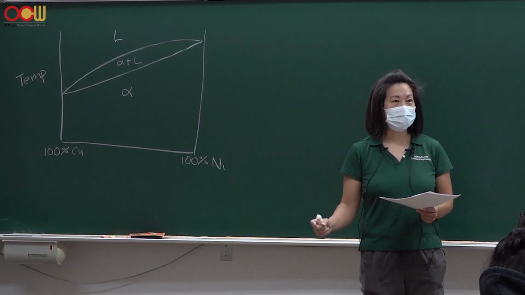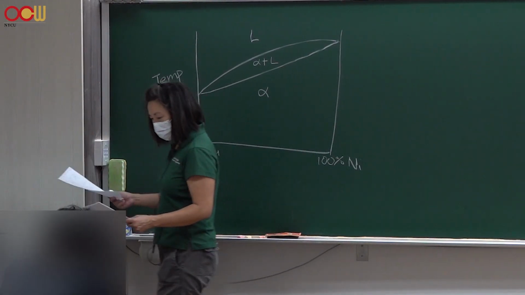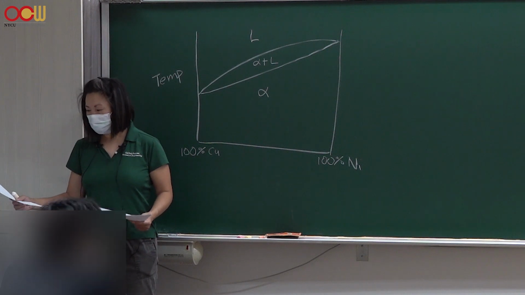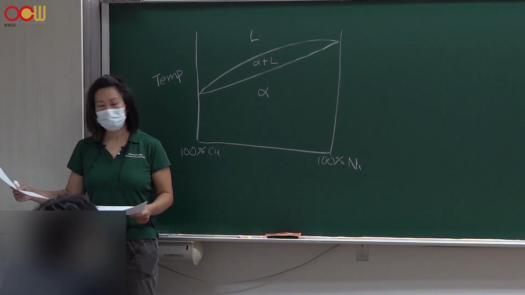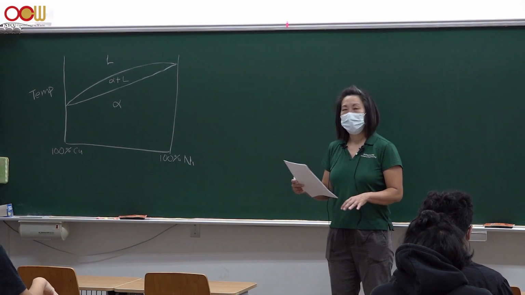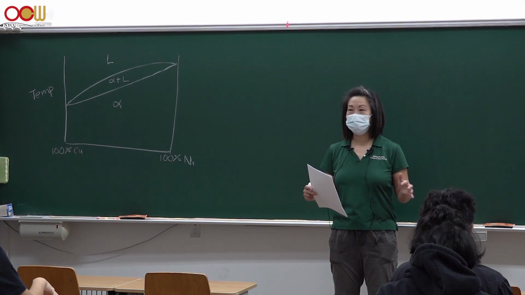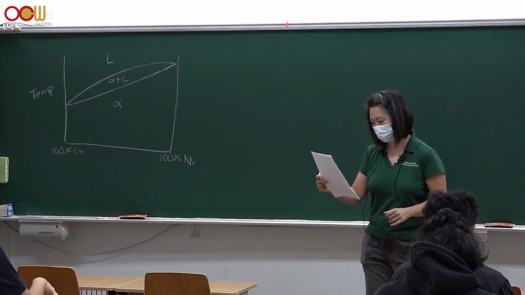They have exactly the same microstructure, and so on and so forth. And so we talked about how to look at something like this and also how to calculate the weight percent of the different phases, right? So we know how to calculate the weight percent of different phases, but that doesn't tell us what the actual material might look like. Okay, so I want to talk a little bit about microstructure.